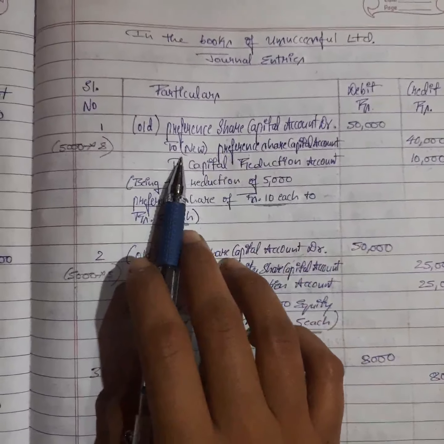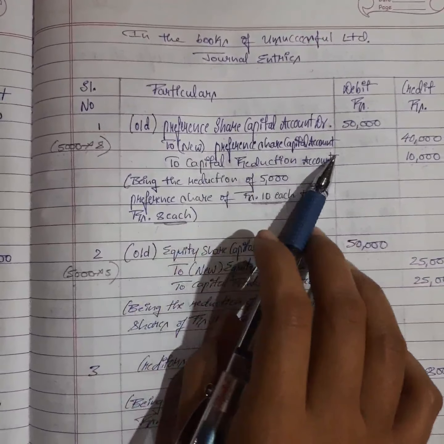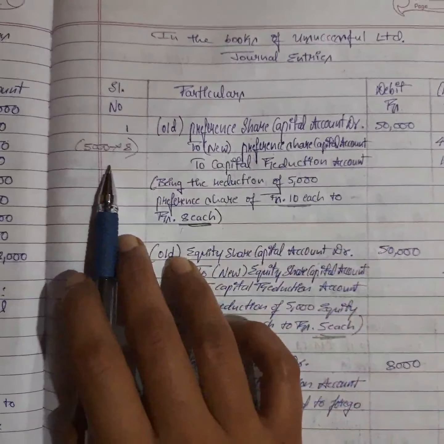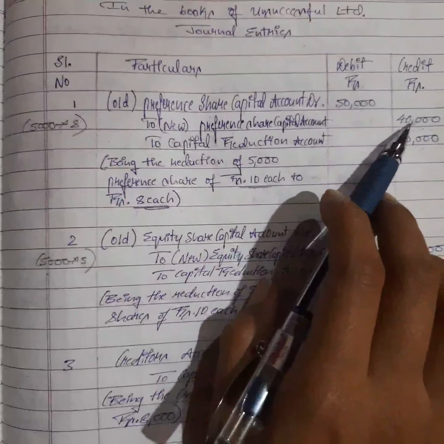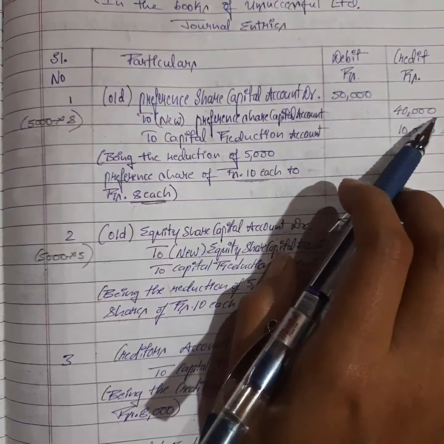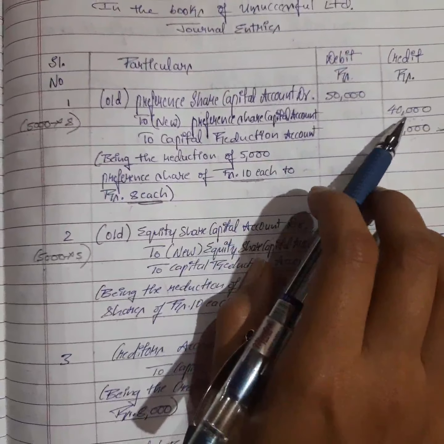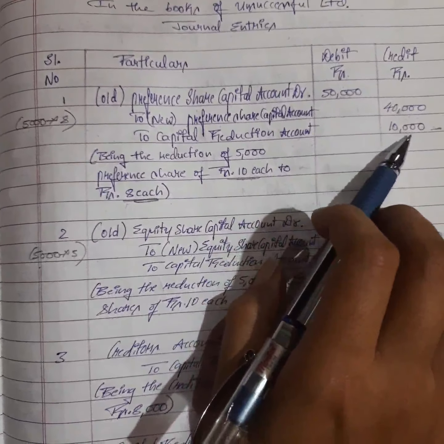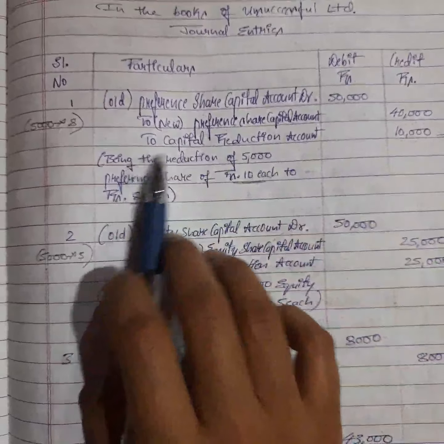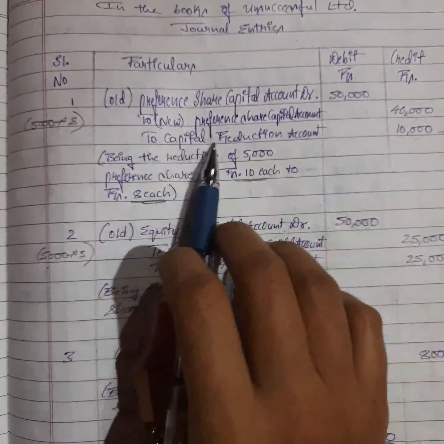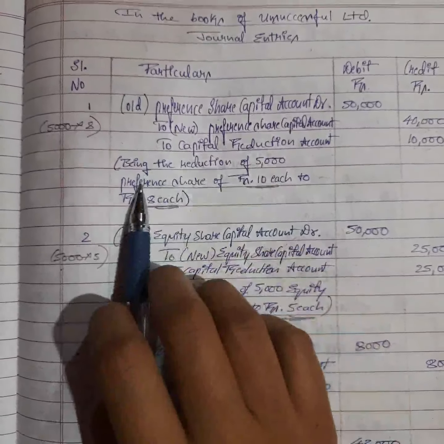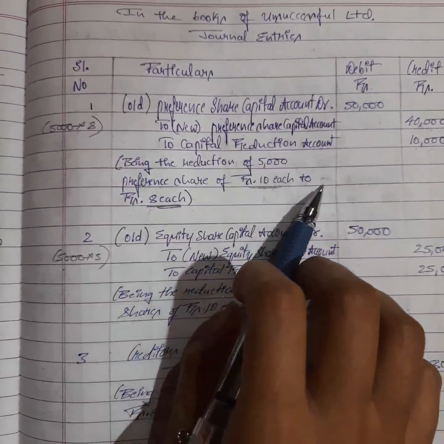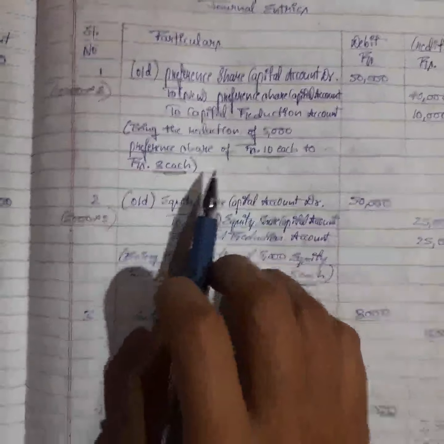Coming to next, to new preference share capital account, 5,000 shares into rupees 8 each, 40,000. You will be writing in the credit side 50,000 minus 40,000. Balance will be 10,000. You will be mentioning in the credit side to capital reduction account. Note, being the reduction of 5,000 preference shares of rupees 10 each to rupees 8 each.